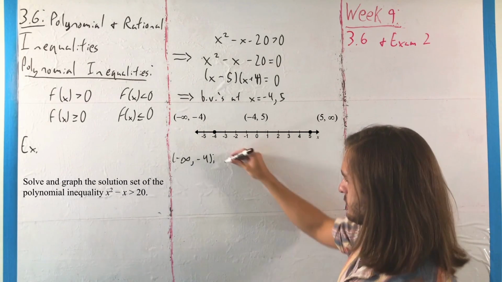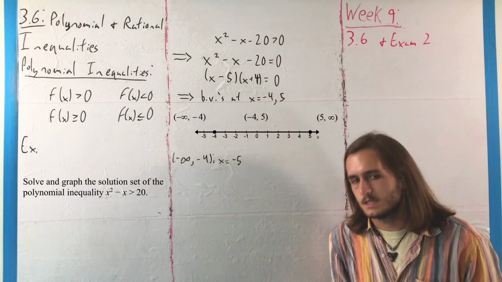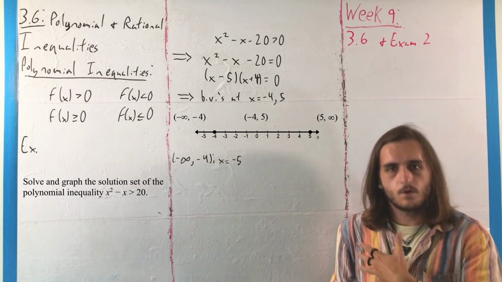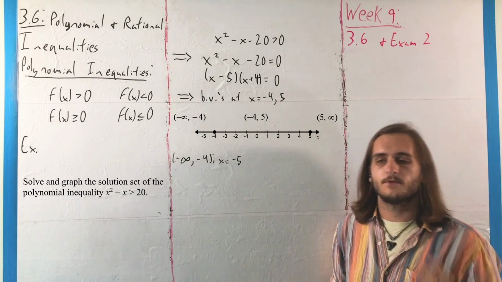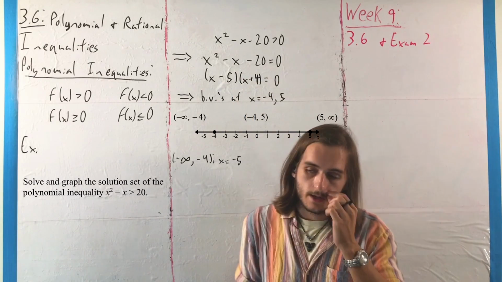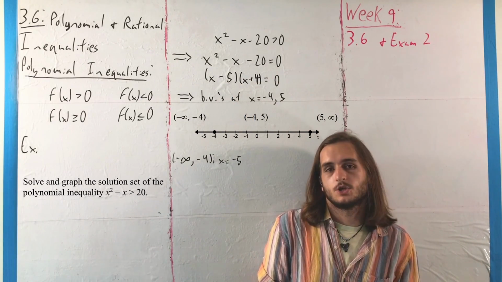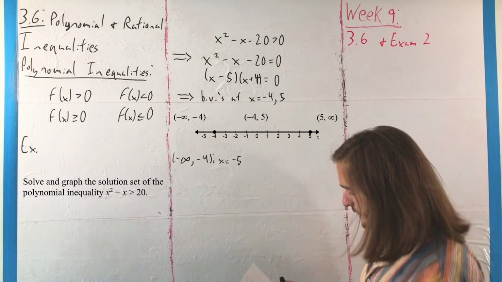So in this case, I'm going to take x is equal to negative 5, but understand that's entirely arbitrary. I could pick anything less than negative 4 and it would work, because everything less than negative 4 should have the same flavor in terms of being positive or negative with regards to that function value, because the only place that it can change is at negative 4 or 5. But I'll pick negative 5.